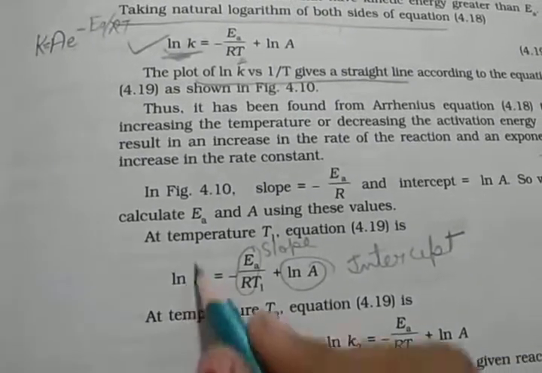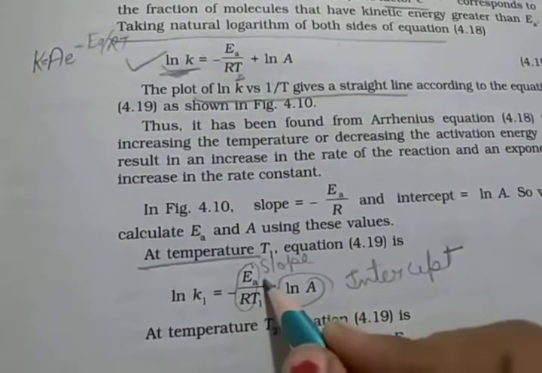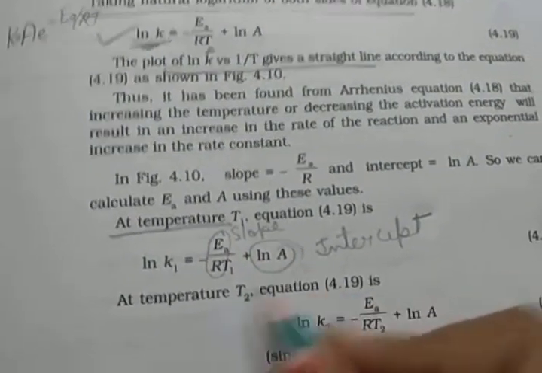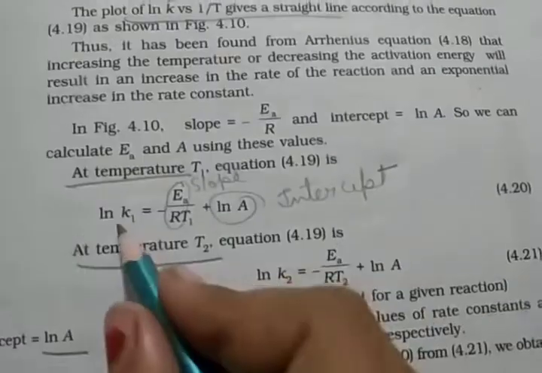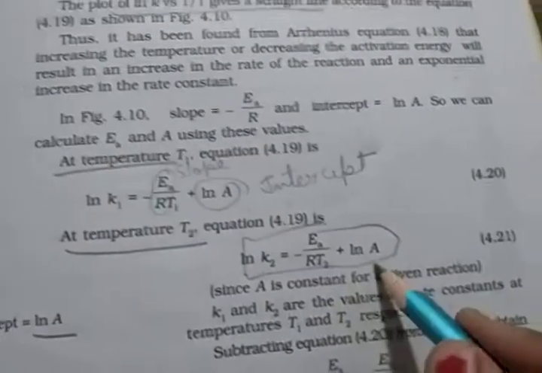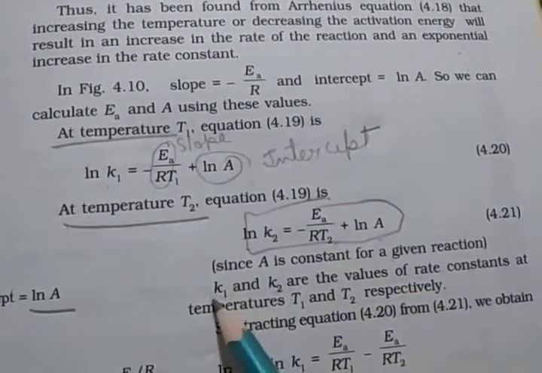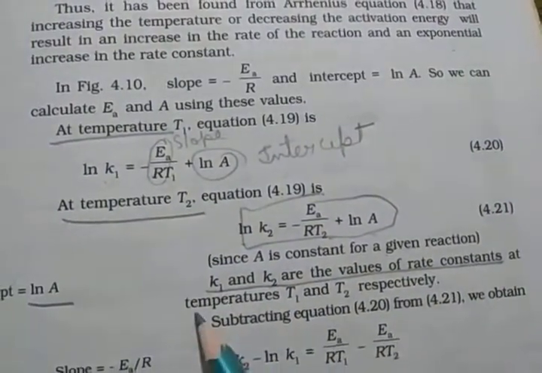So for temperature T1, the formula is ln k1 = -Ea/RT1 + ln A. For temperature T2, ln k2 = -Ea/RT2 + ln A. ln A is common, and k1 and k2 are the values of the rate constant at temperatures T1 and T2.